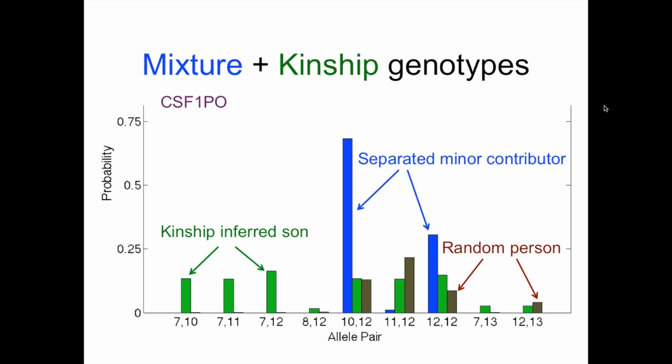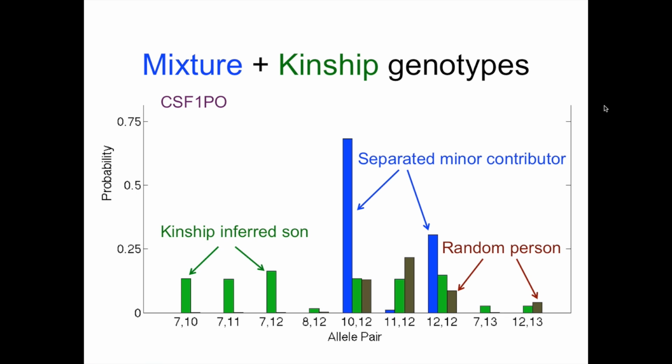And that's where that person's probability lies. In green, we're seeing the kinship inferred son. That's the genotype of one member of this family, and there is their genotype.